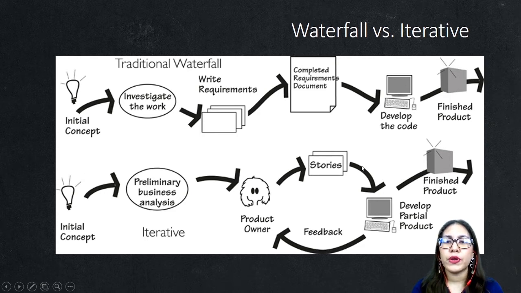So the requirement phase is the initial concept step, the preliminary business analysis step, and the product owner writing the user stories step. This is the requirement. Okay, and in iterative, even after they find a mistake, they can change, right? However, before giving it to the developer, these are all the requirement phase.